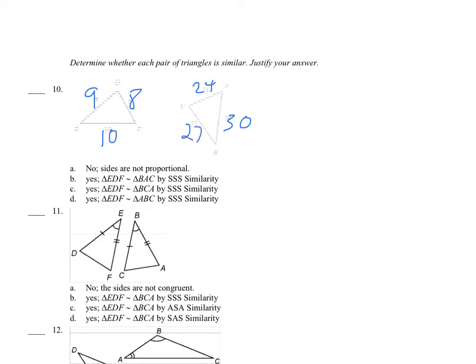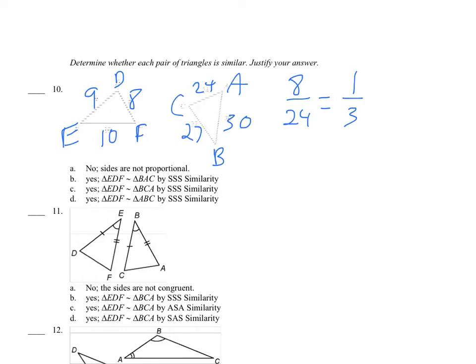So we're going to see whether they are all proportional. Let's go ahead and put the D, E, F, A, B, C. So we're going to say that 8 is the smallest side in the first triangle, and 24 is the smallest side in the second one. That simplifies to 1/3.